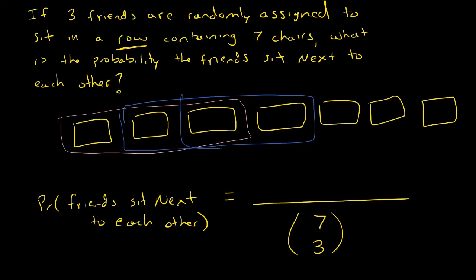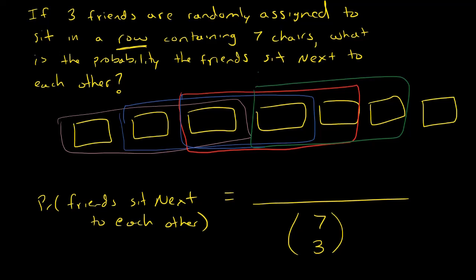They'll sit next to each other if they sit in these 3 chairs right here. They will sit next to each other if they sit in these 3 chairs right here. And lastly, they will sit next to each other if they sit in these 3 chairs right here. And that's the total number of ways that they can sit next to each other.